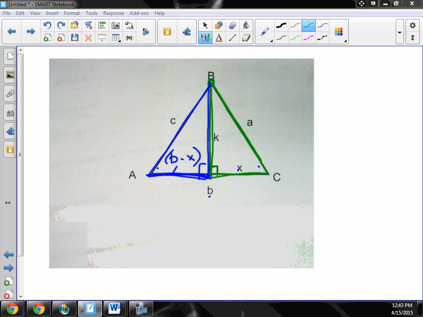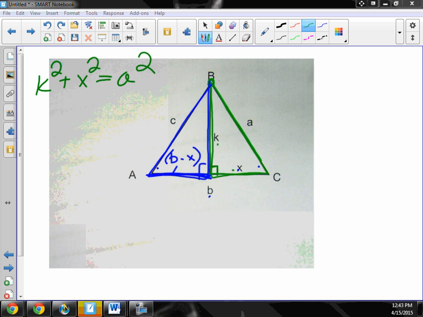Okay? So the Pythagorean theorem for the green triangle is going to be K squared plus, how would we do that? This one squared plus X squared. A is actually the hypotenuse. So K squared plus X squared equals A squared.